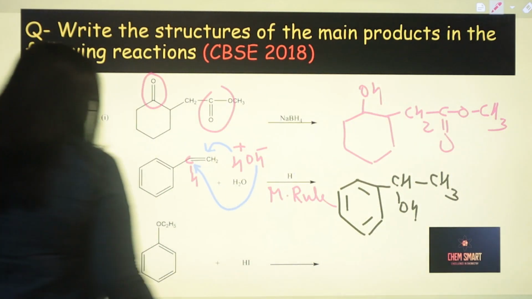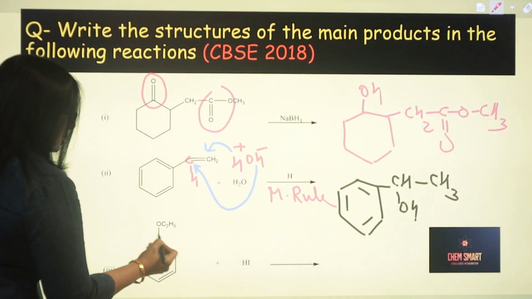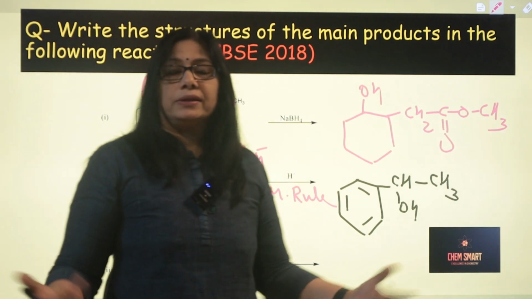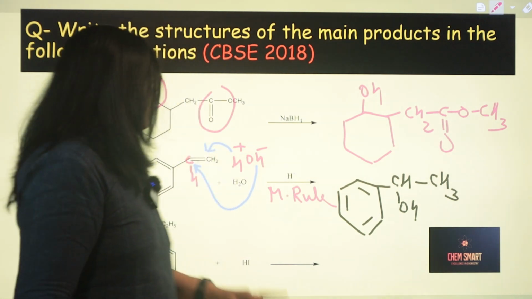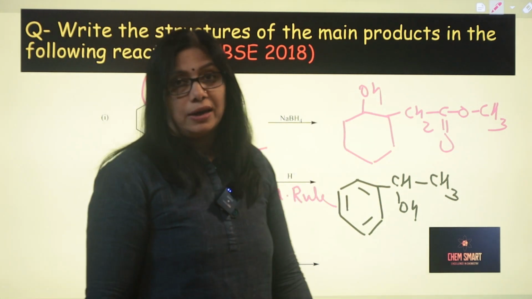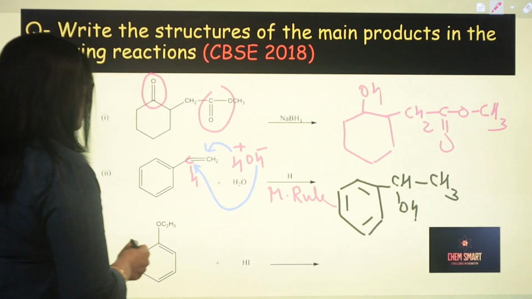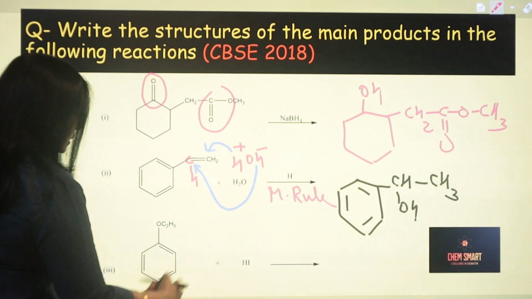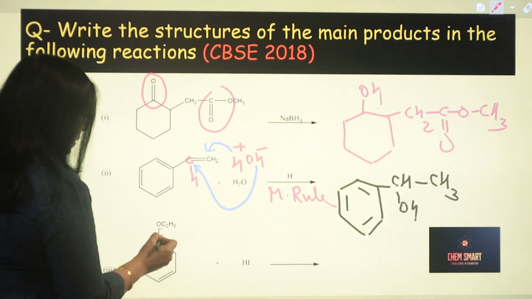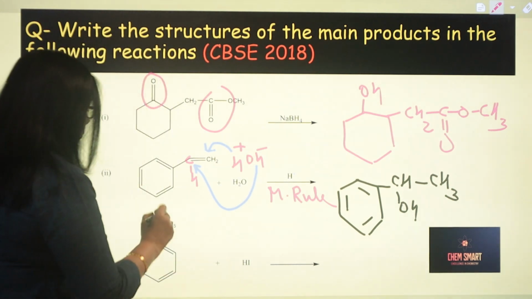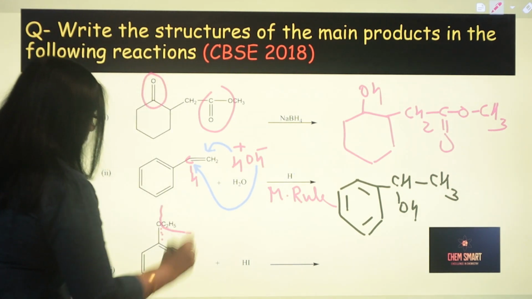Look, either this bond or this bond will get cleaved during the attack on an ether by hydrogen halide. But which bond will get cleaved preferentially? This bond, this C, because it is a benzene ring, this C-O bond has a partial double bond character. It will not get cleaved. So only here it will get cleaved, okay?